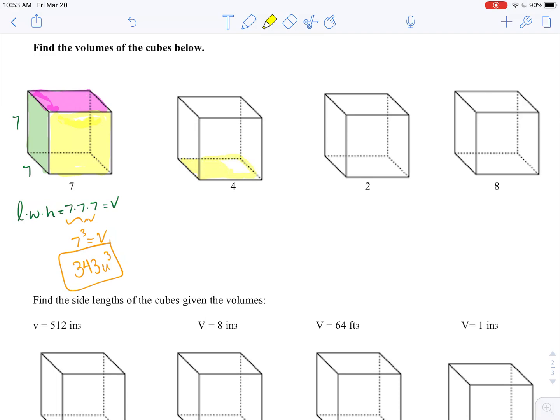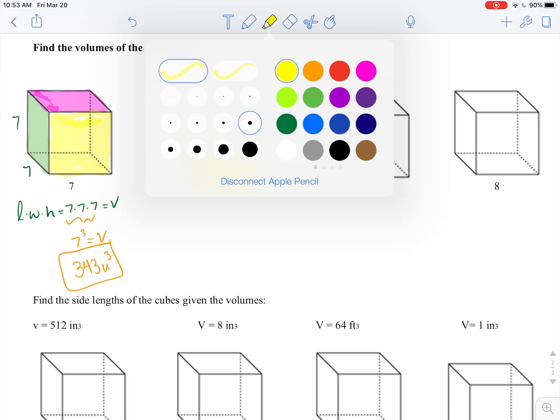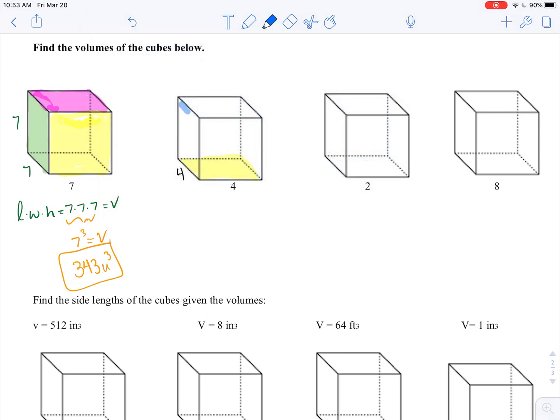Now again, let's look at our known values here. Well, if that's 4, and this is a square down here in yellow, then that's got to be 4. And if that's a square over here, this face is a square, well, then what's the height got to be? If this is 4, then that's got to be 4.